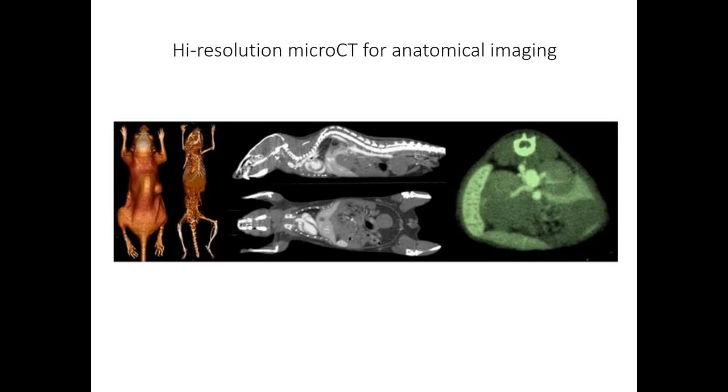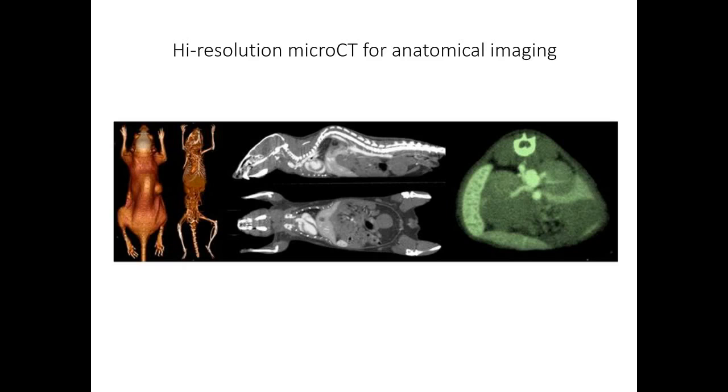The other modality that we do here, both by itself and also in combination with other imaging modalities like PET, is high-resolution micro-CT. CT basically uses X-rays in 360-degree projections to allow us to actually look at a three-dimensional tomographic image of, in this case, the animal's body, the mouse's body.